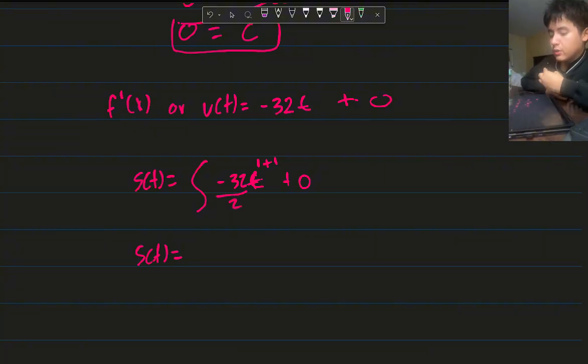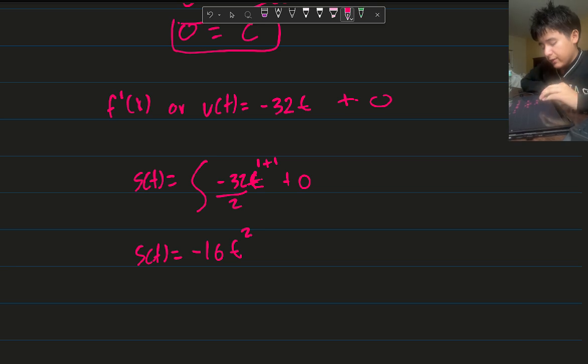So negative 32 divided by 2 is negative 16 t squared. You can see that this is true because when we take the derivative of this, it becomes negative 32t. We don't have to put the plus 0, but we do have to put a plus c. And how can we find c?